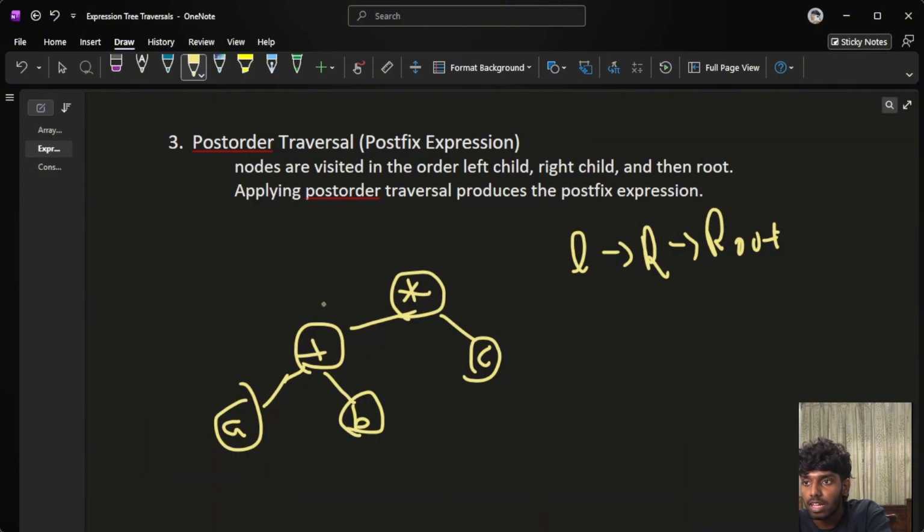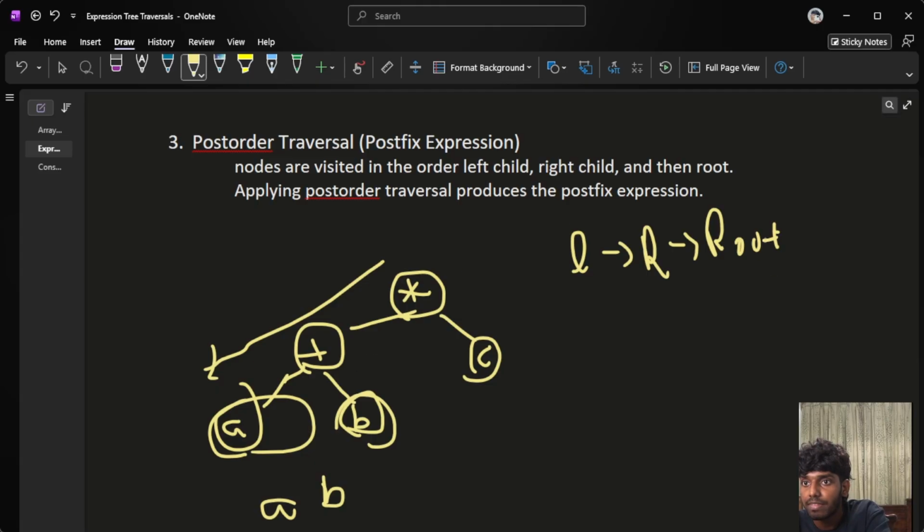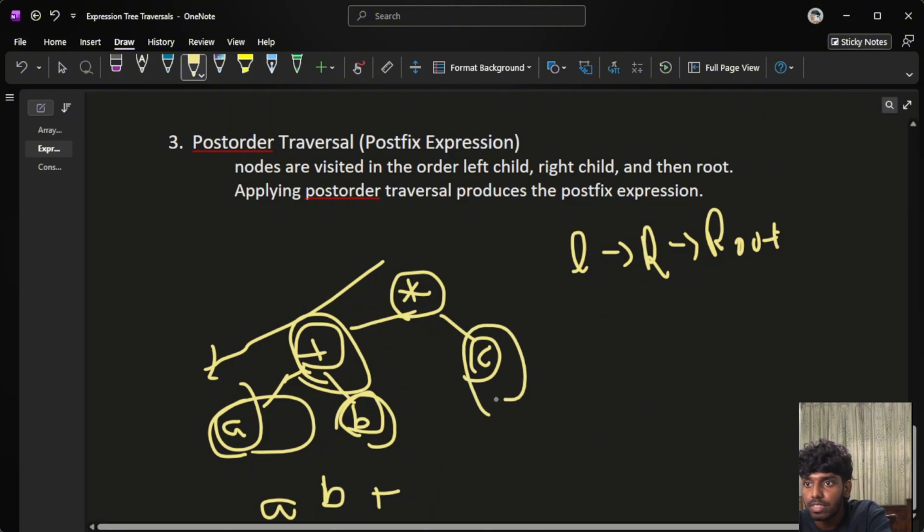So we begin all the way to the left. So we got the A, and then we got the B, which is on the right, and then we got the root, which is the plus, and then we come to here, and then we got the C, and then we got the root.